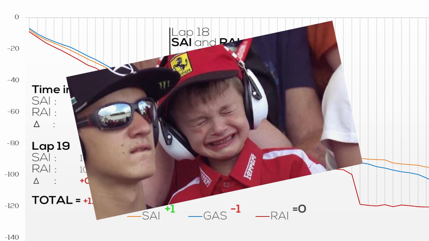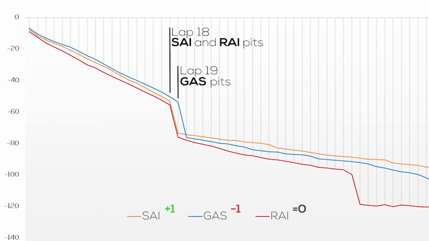So that didn't happen. You can visualize all of that just by looking at the gap between Sainz and Raikkonen before their pit stop, here, and after their pit stop. You see all the time that Raikkonen lost relative to Sainz. If he didn't lose that time during his pit stop and his outlap, he probably would have been able to undercut Gasly.